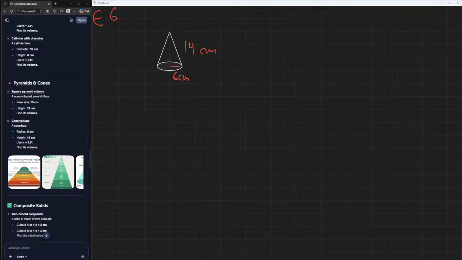And we have 3.14 times, I assume it's going to be r squared, so 6 squared, I feel like it, times 14.